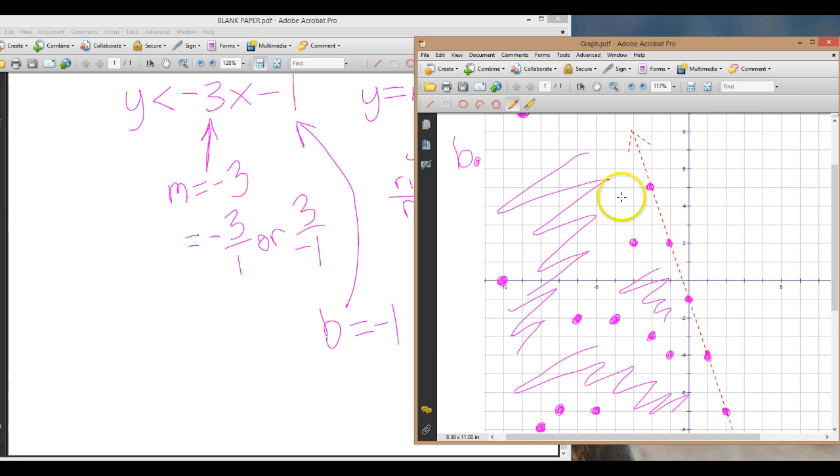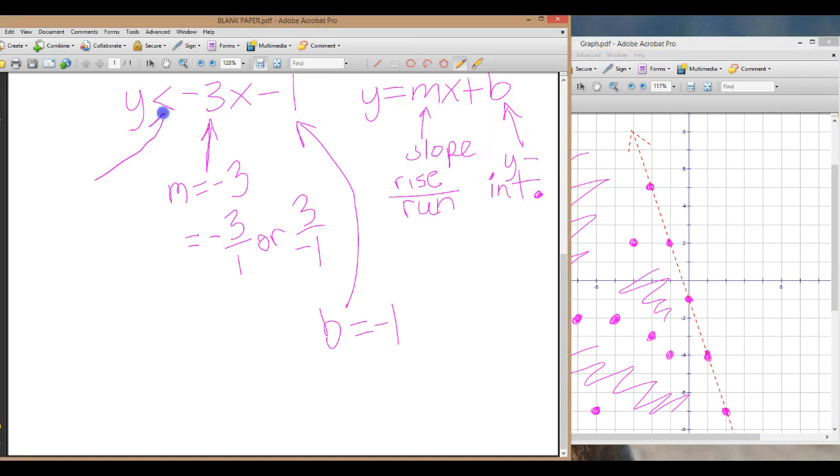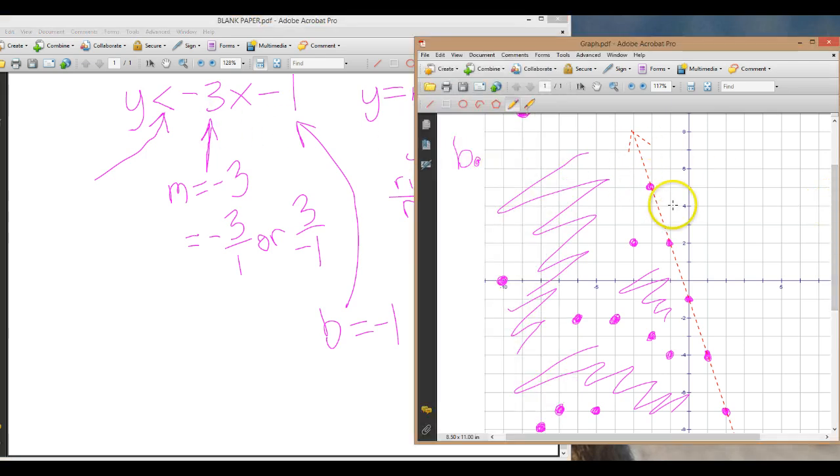Now, the reason why it is a dotted line is because our inequality doesn't say equal to. So we want all of the points not including the line. So we want a dotted line, and since it is less than, then it's going to be shaded below the line. That's why this is my sloppy shading, just showing that it's all of these points on this side.